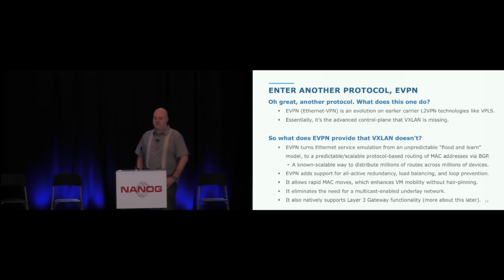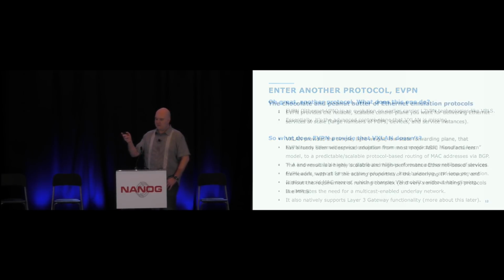It eliminates the need for the multicast underlay, so that solves a big problem for a lot of people. And it natively supports something called Layer 3 gateway functionality. I'll talk more about this later, but this is a way for a Layer 3 service to utilize the EVPN service.